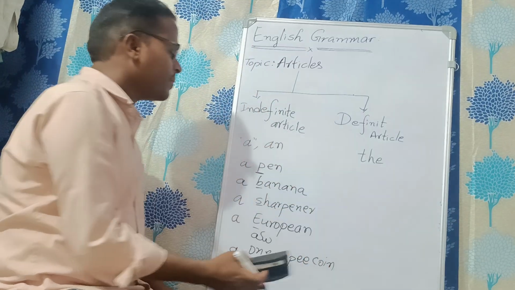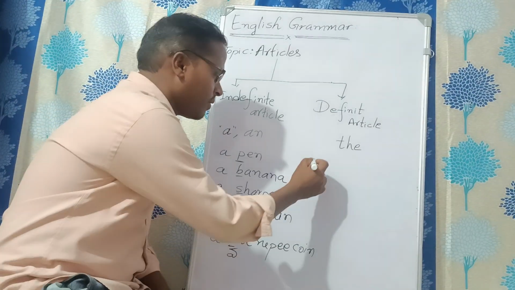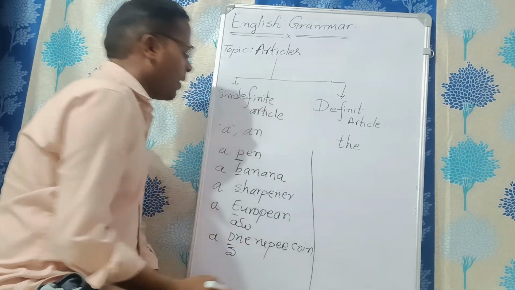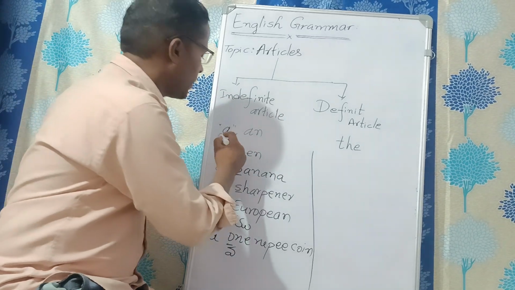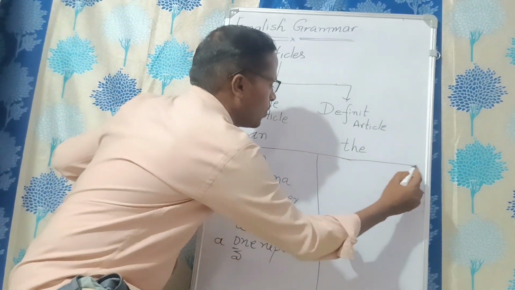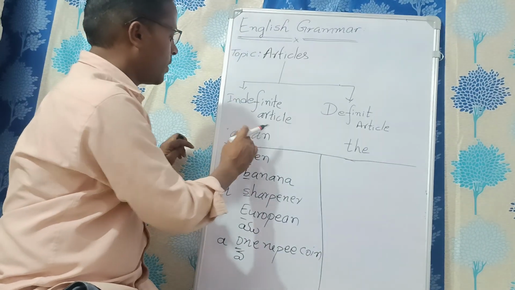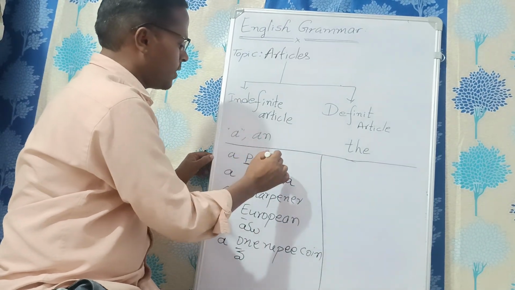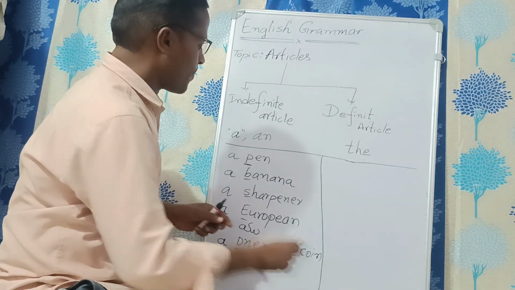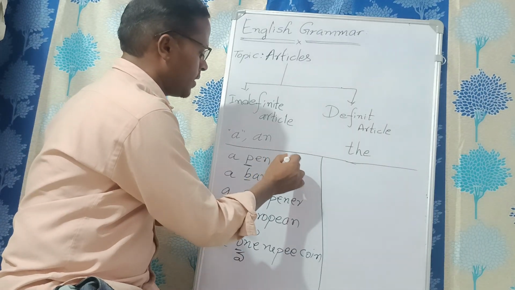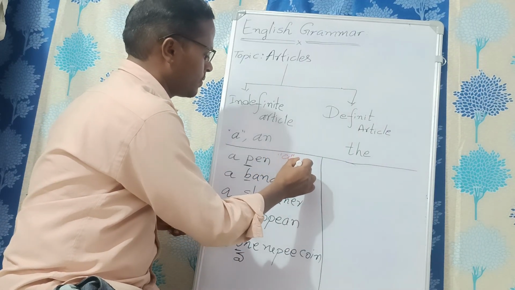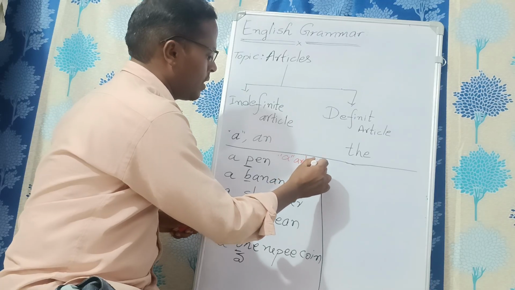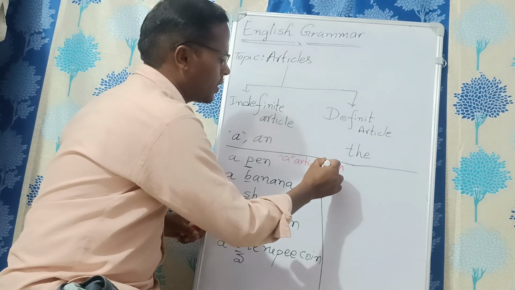Here you have to know the difference between the article "a" and the article "an". This is the article "a", and this is the article "an".